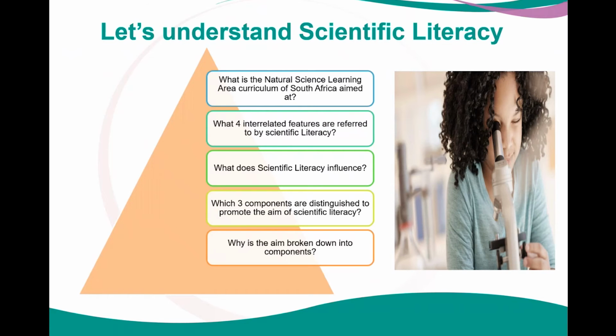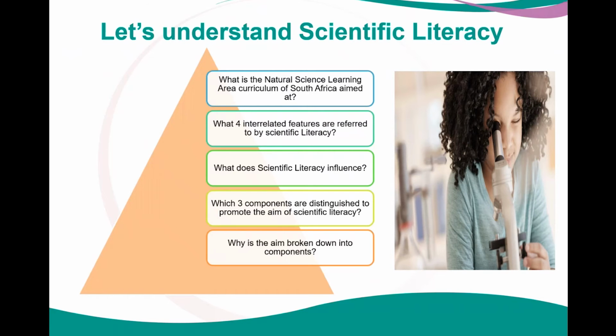So the overall aim of the science curriculum is to develop learners' scientific literacy and overall understanding. There are 3 components that are distinguished to promote the aim of scientific literacy, and these are broken down into components so that it can be achievable within the curriculum and program, and it can be planned in that sense.